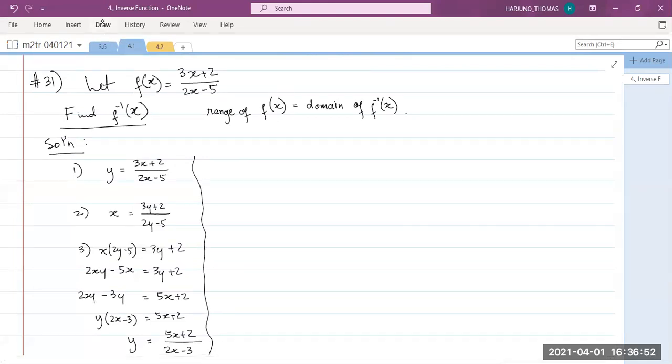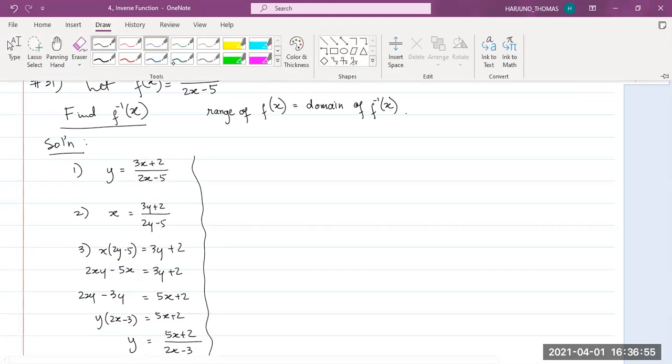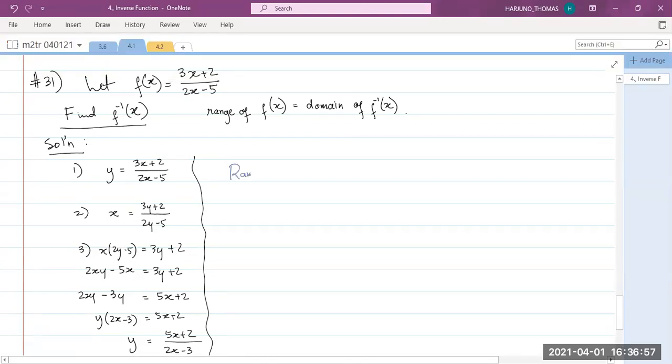Now, the follow-up question is, what is the range of that function? The range of the original function.